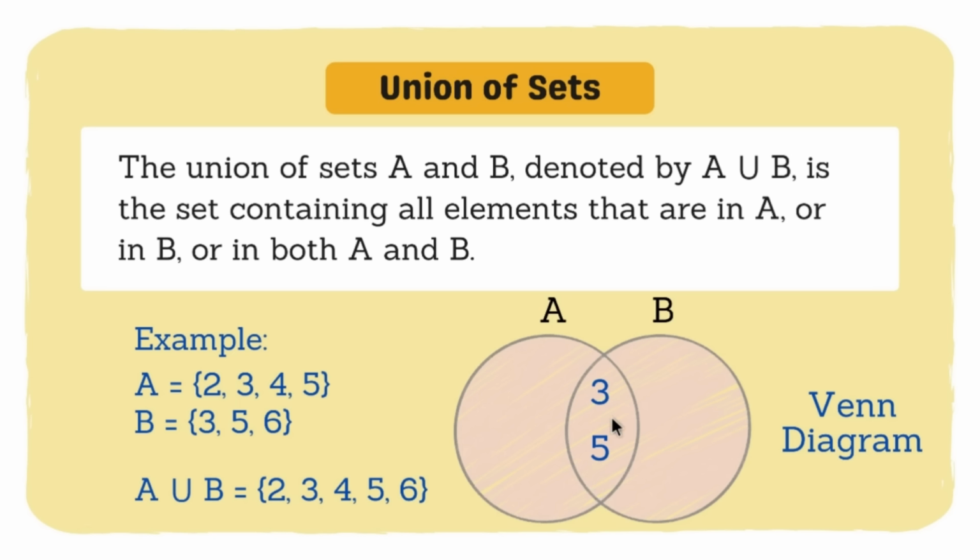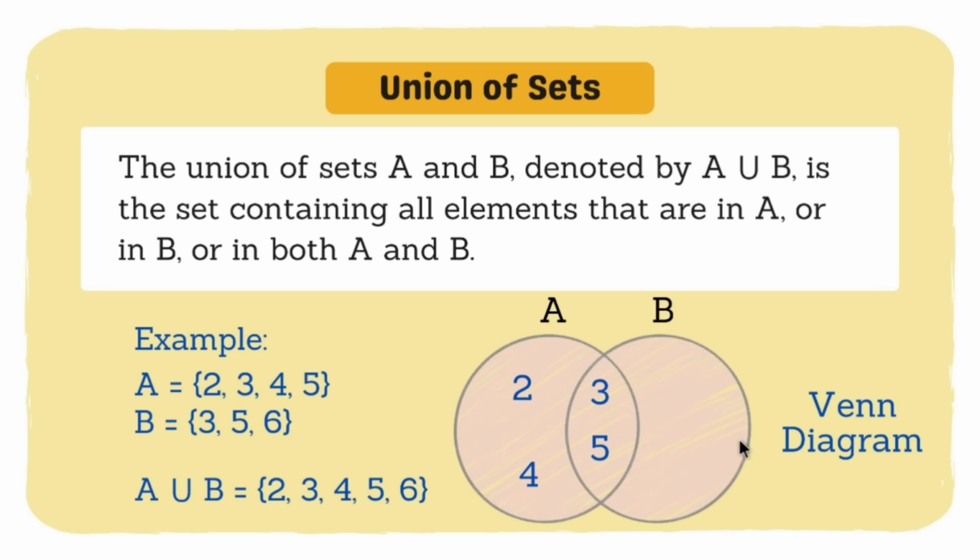Now na nalagay na natin yung common elements ng dalawang set, ano na po ang natira sa set A? Okay? So, since nalagay na si 3 and 5, naiwan na po si 2 and 4. Yun na po ang ilalagay natin dito. Okay? Sa elements ni set A, we have here 2 and 4. Meaning, itong buong circle na ito, these are all the elements of A. However, part of this is 3 and 5.